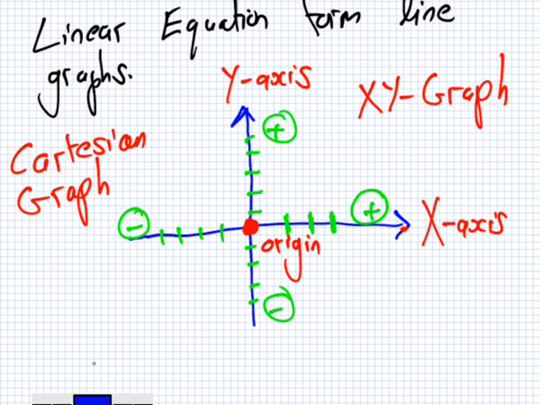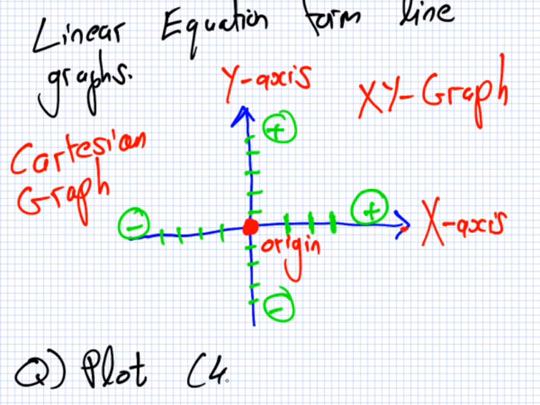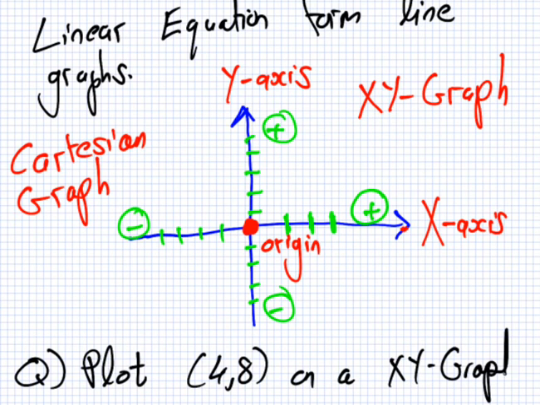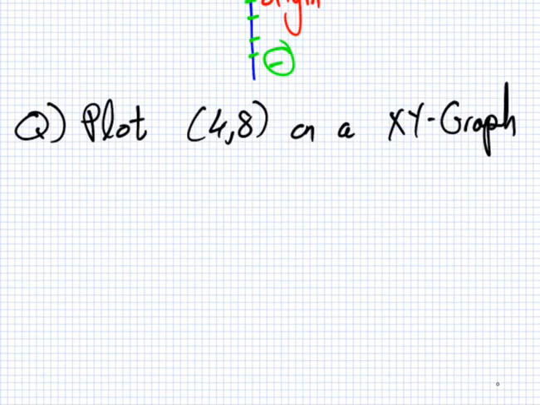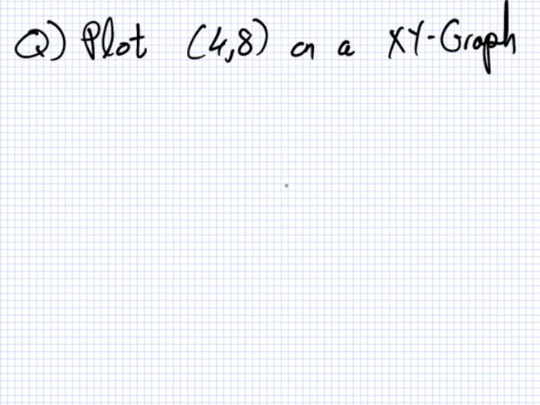Do you know this word graph? What's another word for graph? Give me all the synonyms for graph. Another word for graph? Chart? Yeah. Come on, don't be shy. I know it's the first class, but any other? Diagram? Yeah. Anything else? Chart, diagram.